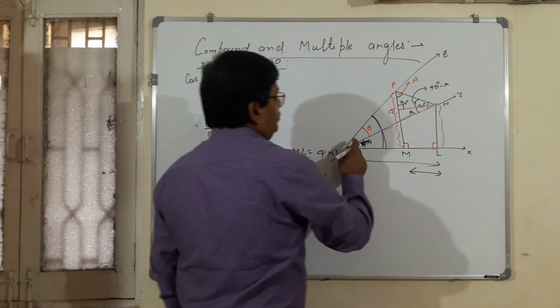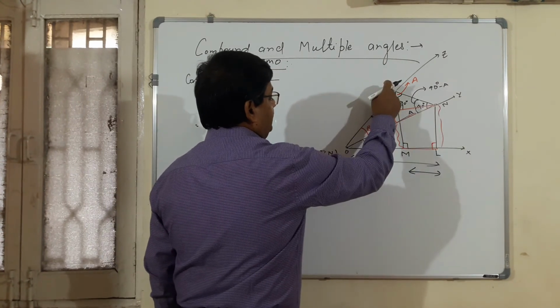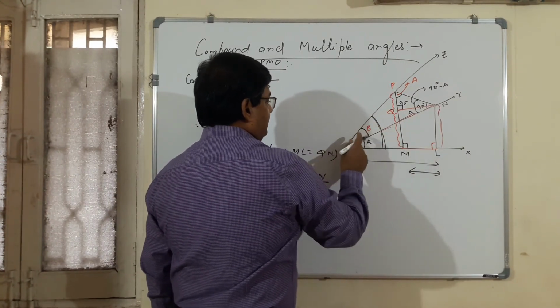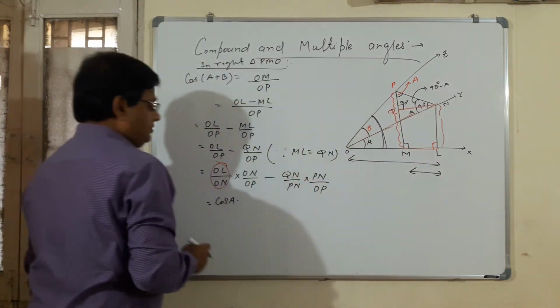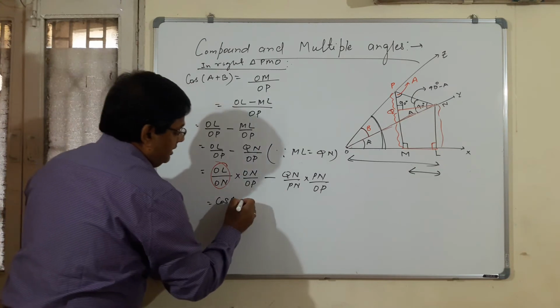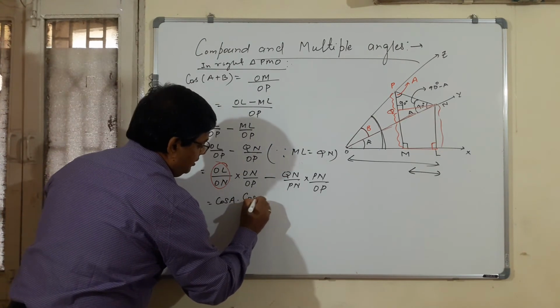This angle is B, so base over hypotenuse means cos B.